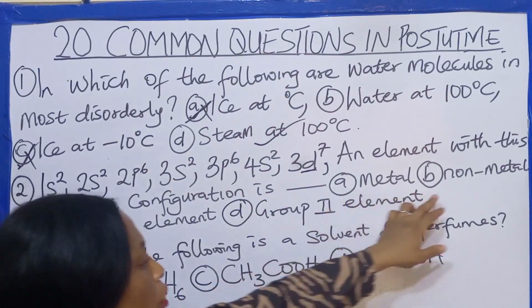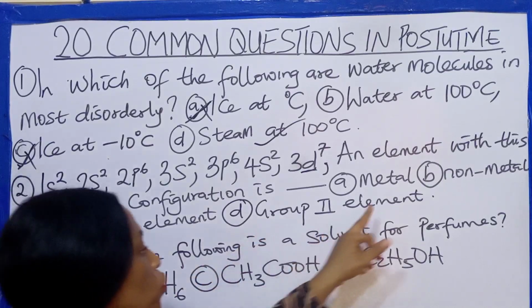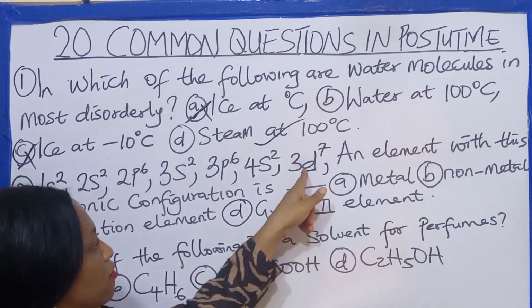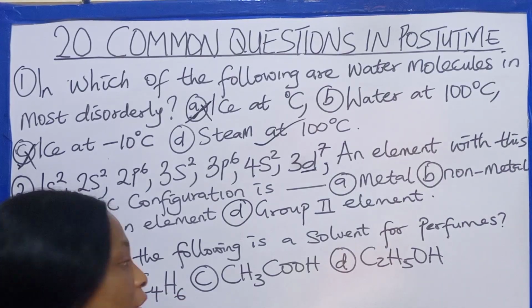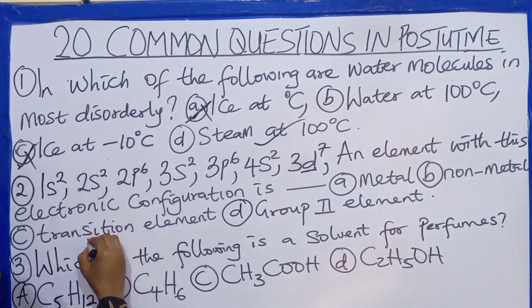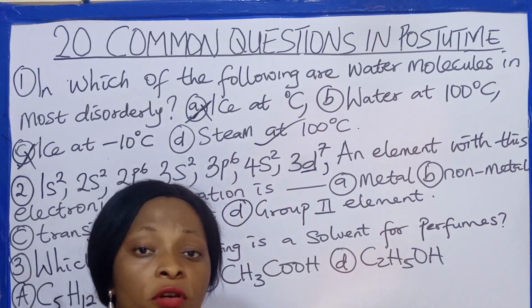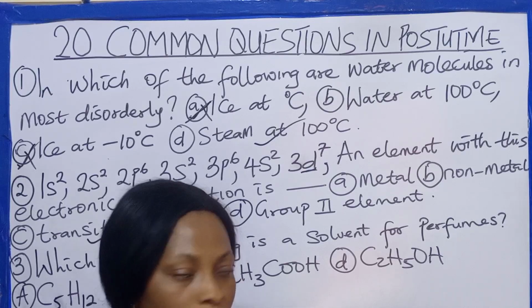Metal, non-metal, transition elements, group 2 elements. Which of these elements have 3d orbitals? The elements that have 3d orbitals are the transition elements. They are called transition elements because they have partially filled 3d orbitals.